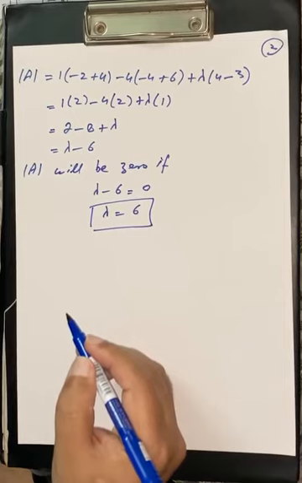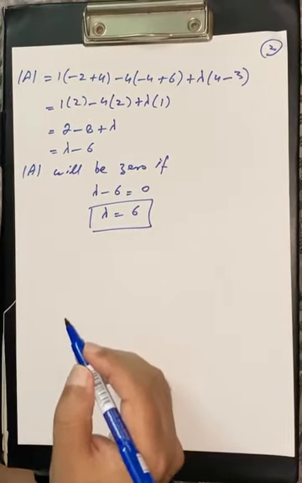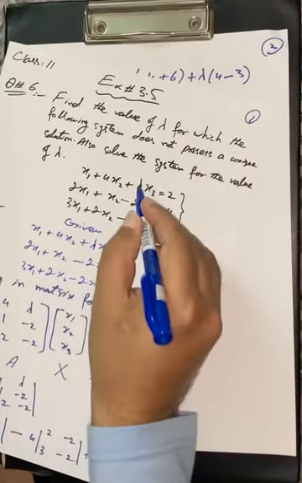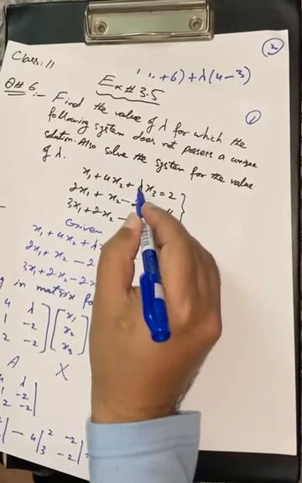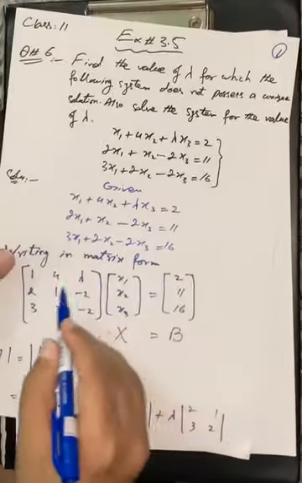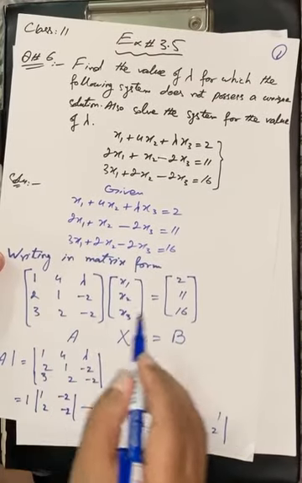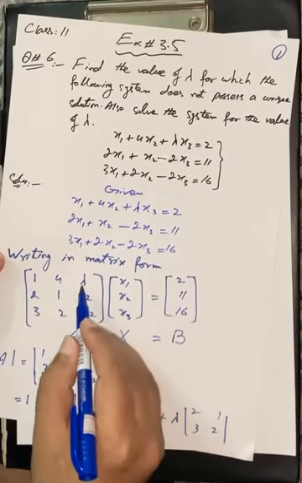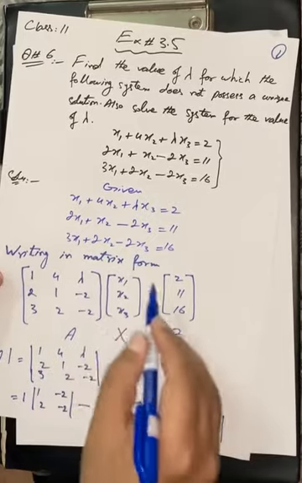I want to put this value of lambda in the given system. That is my given system. Here we put the value of lambda. When I put it here, like this, I made the matrix A, and this is the value of B. When I put here 6, how do we write the system?